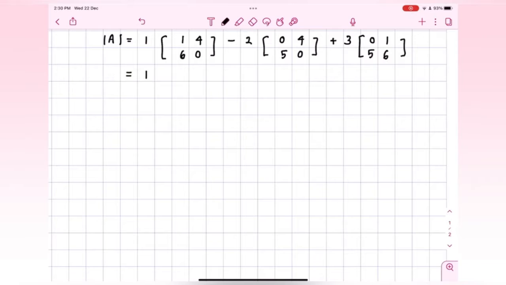To simplify it, we multiply 1 with the determinant of the matrix. The determinant of that will be 1 times 0, which is 0, minus 4 times 6, which is 24.